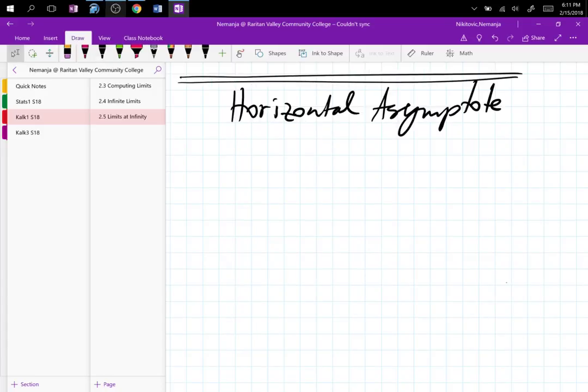What you learned earlier is that if you have p of x divided by q of x, where both are polynomials, you have your rational function, and then you have x to the p divided by x to the q, with a and b coefficients in front. These are the leading terms of the p and q polynomials. And then you had those three cases which you had to memorize in your Pre-Calc 1 course.